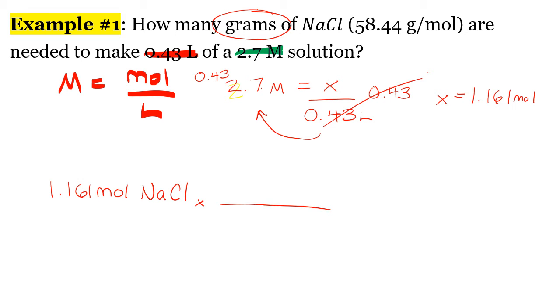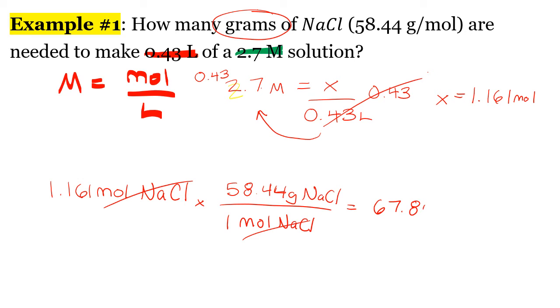And for every 1 mole of sodium chloride, we have 58.44 grams of sodium chloride. And our units here are going to cancel out. We will just be left with 67.848.